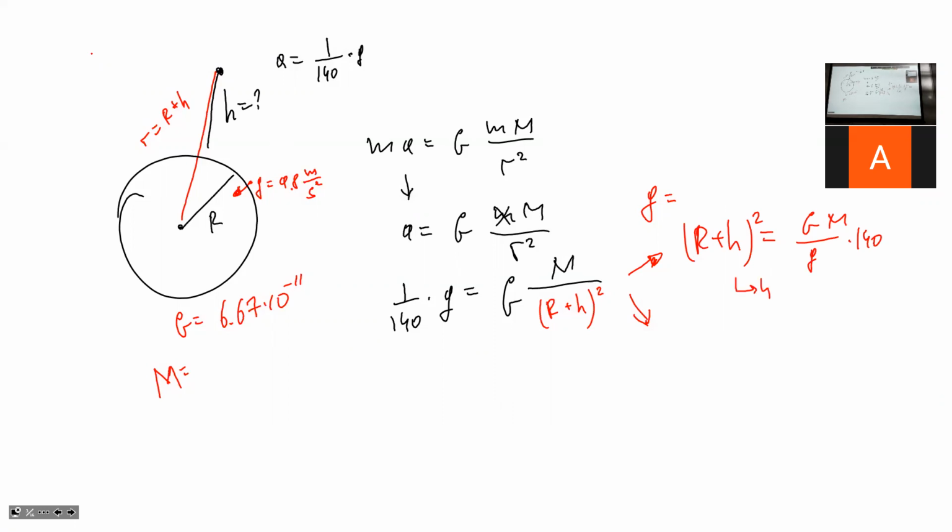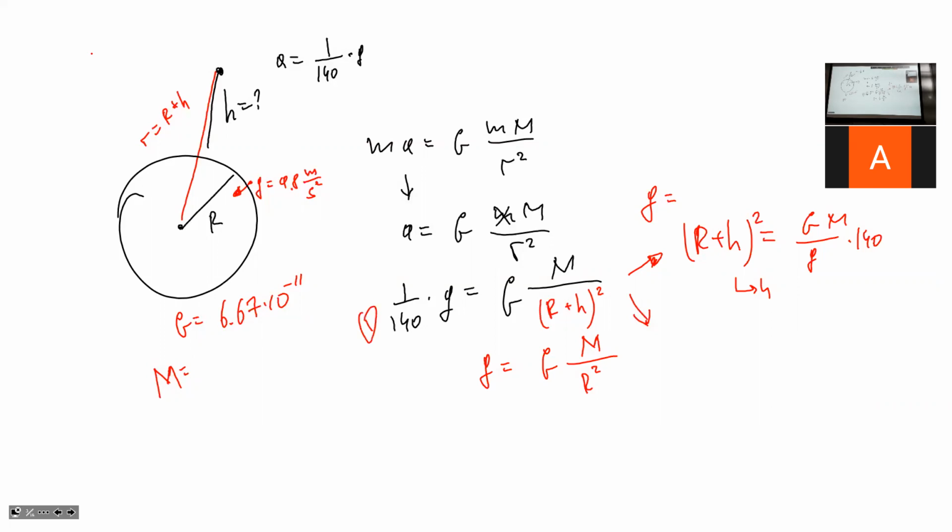However, what we know also is that this g is supposed to be equal to the acceleration due to gravity on the surface when there is no height. This actually is a better way to do it.